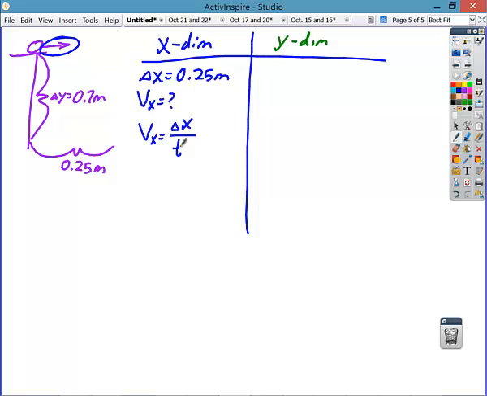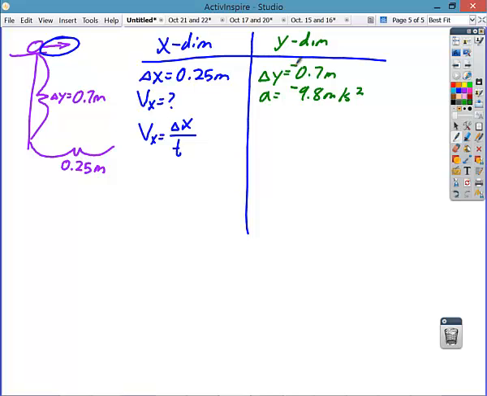I need time. So in the y dimension, I know that delta y is equal to 0.7 meters. I know acceleration is equal to negative 9.8 meters per second squared. Since this object is falling down, what do we make delta y? Negative.